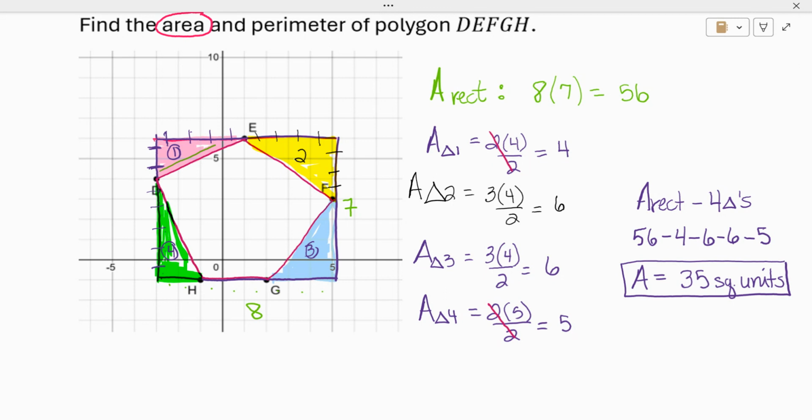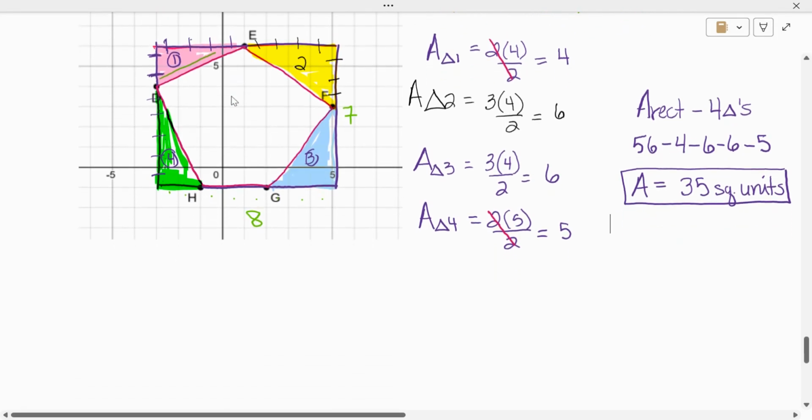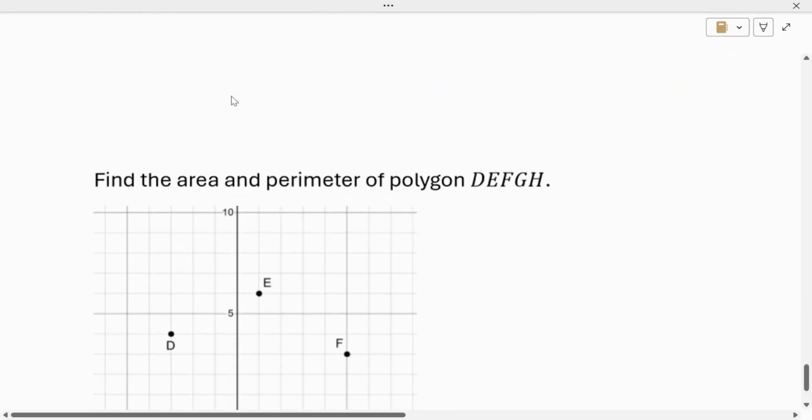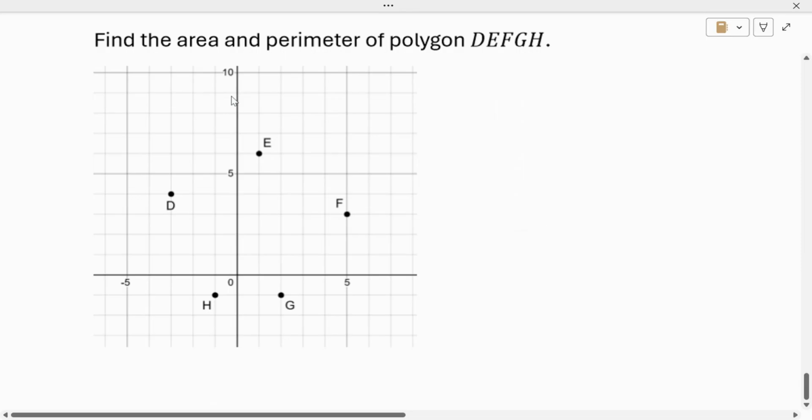Okay? All right. On your graph paper, you got to plot these points. Do you want me to list the ordered pairs for you? Okay. So D is the ordered pair -3, 4.